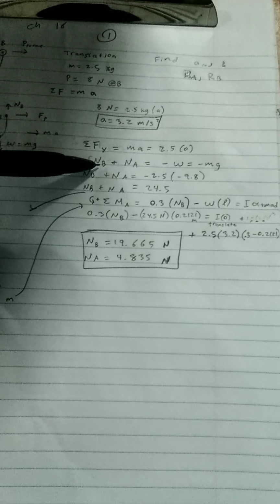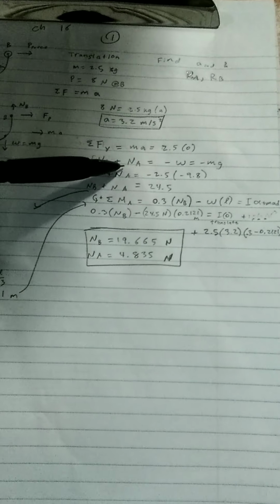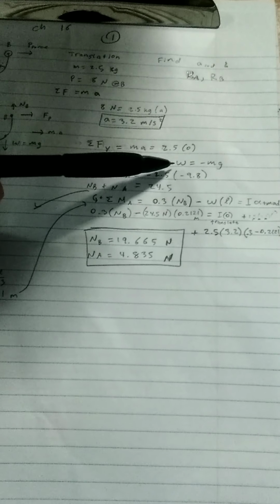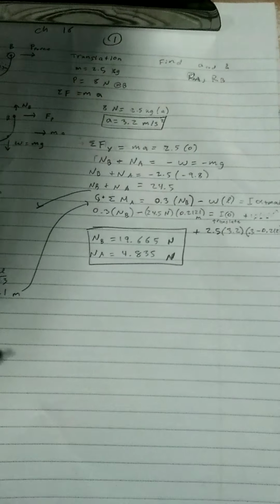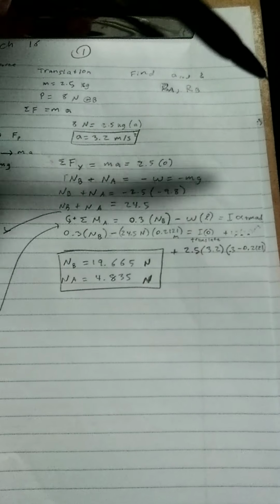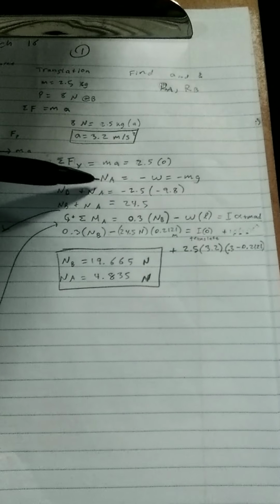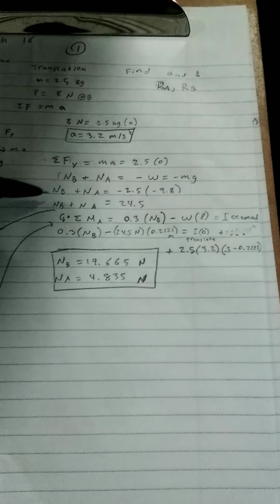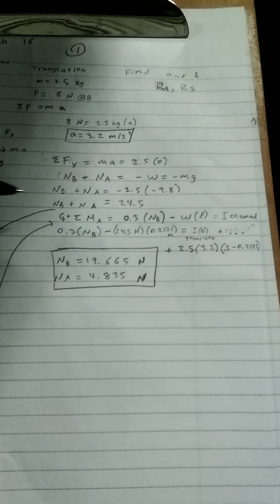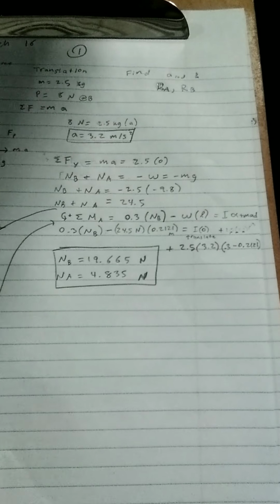Our normal force at B plus normal force at A minus our weight equals that mass times acceleration, which is 0, and so we get our normal force at B plus our normal force at A equals weight, which is mass times gravity, and ends up becoming normal force at B plus normal force at A equals 24.5.